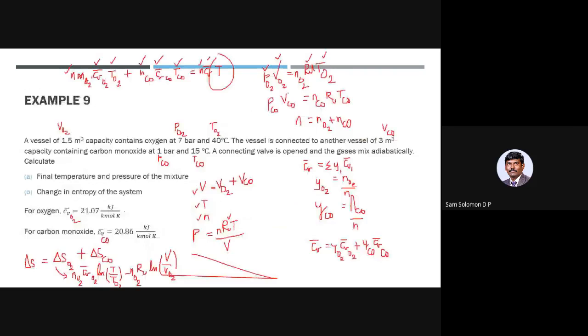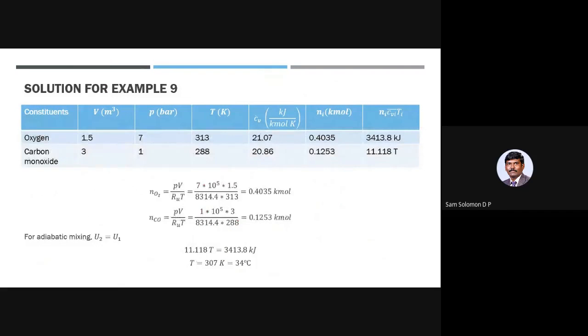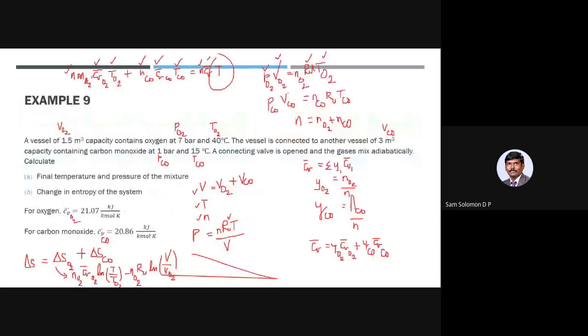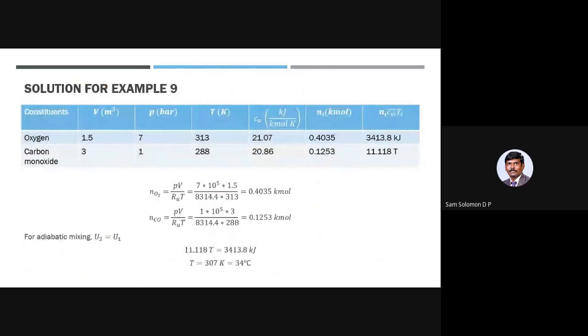Whereas in this particular problem, they have said explicitly that the gases mix adiabatically. So in this case, there is no heat interaction with the surroundings.